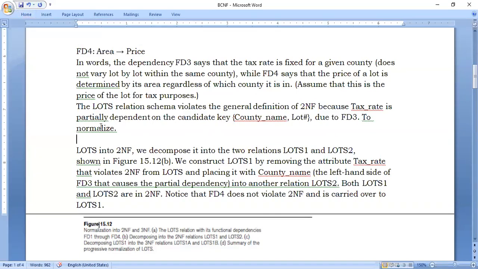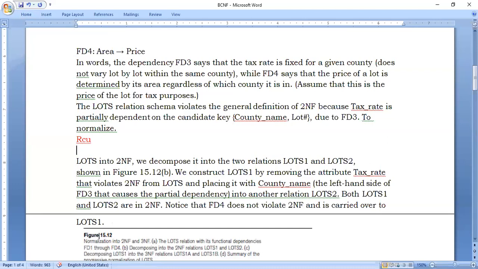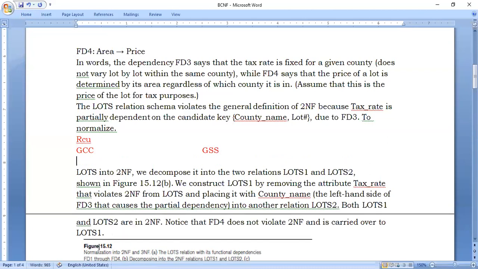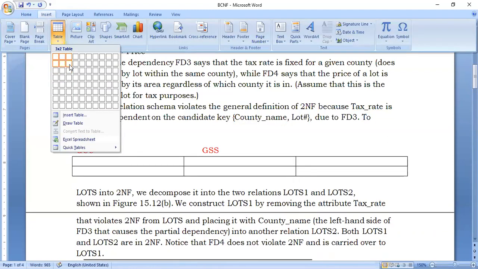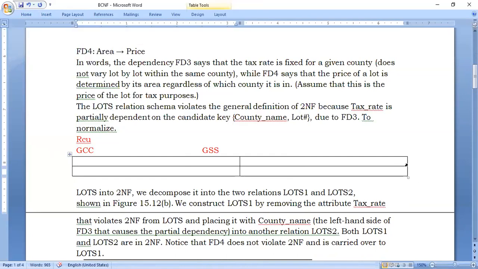Suppose there is RCU, Rani Chennamma University. Among that we have Gokte College, that is GCC, and we also have GSS. Both are BCA colleges. Here I may have a simple student table with two attributes or columns right now: roll number and name of the student.